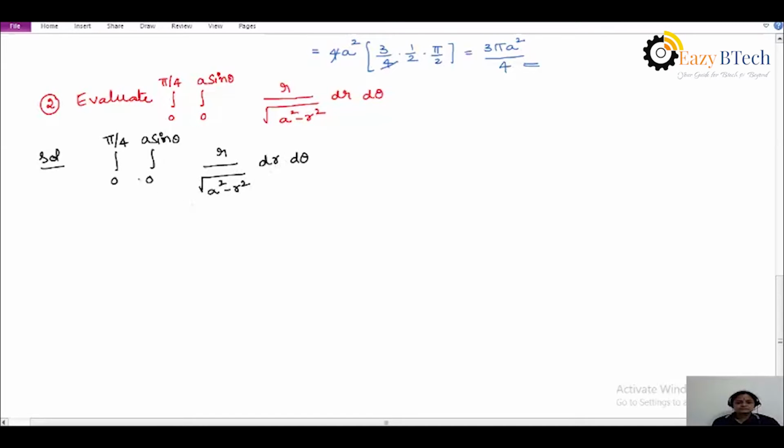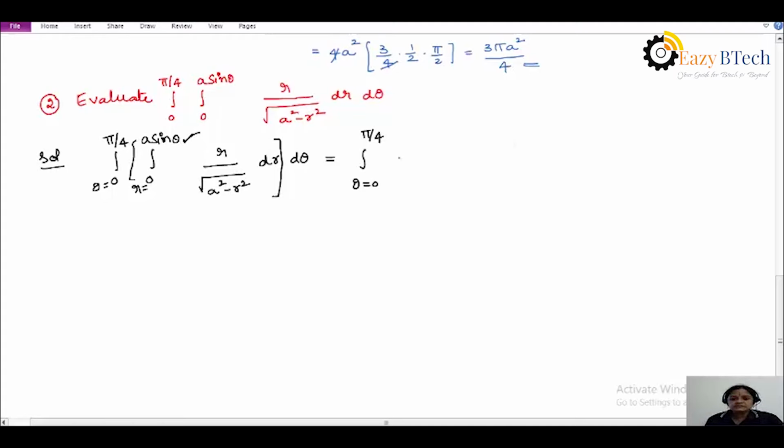Observe here, students, the first limits, which are functions of theta, are the r limits and the second limits are the theta limits. Then at first you have to do the integration with respect to r and then the integration with respect to theta. For that purpose, integration theta is equal to 0 to pi by 4.